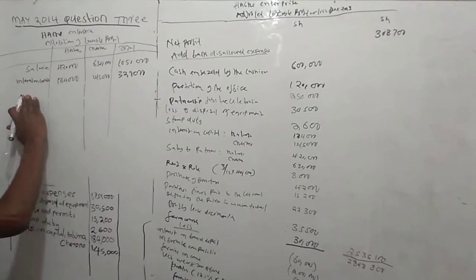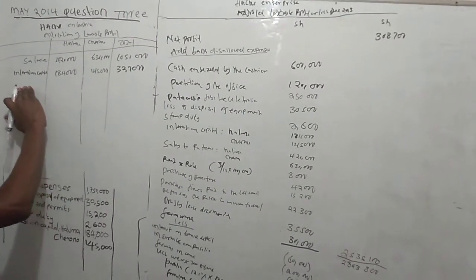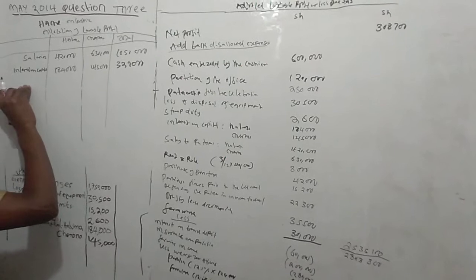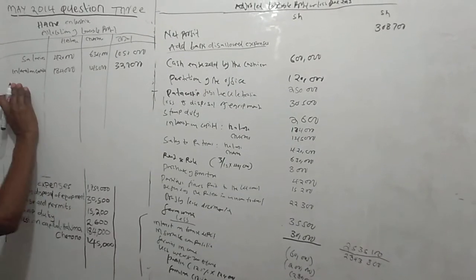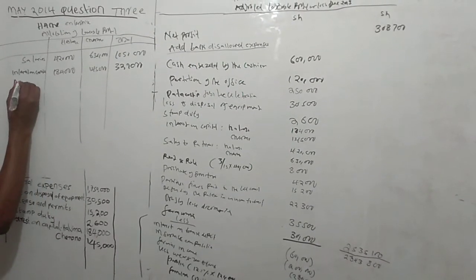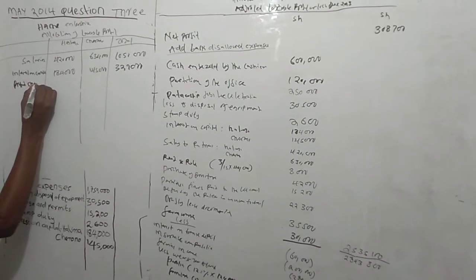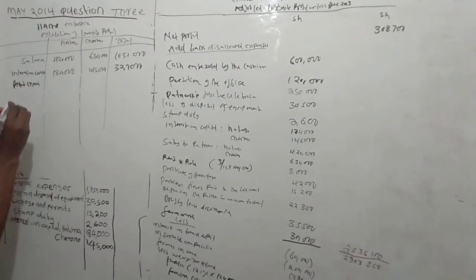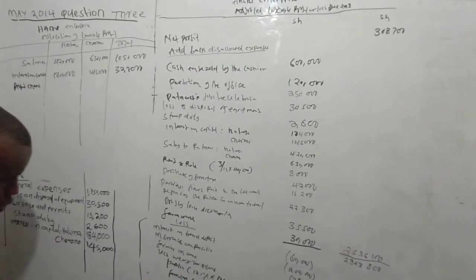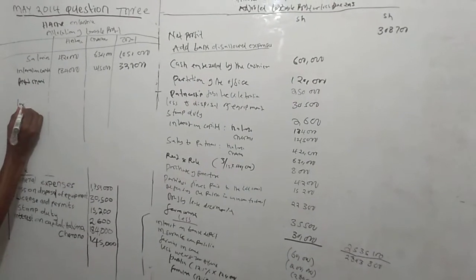Now, for us to get the profit shared, before that, we know the taxable profit. Let's have here the taxable profit.